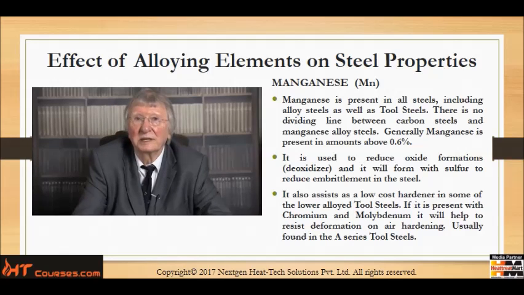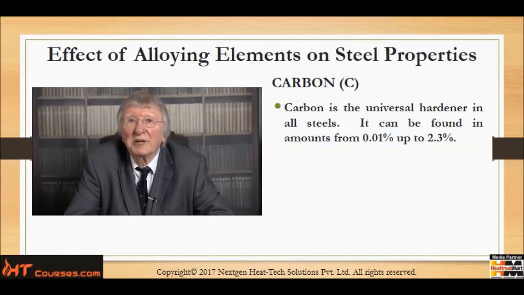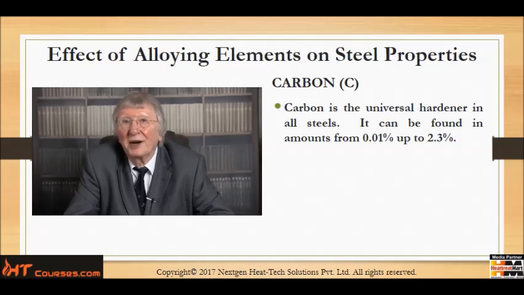Carbon. Carbon is the universal hardener in all steels, and it can be found in amounts from 0.1% up to 2.3%.